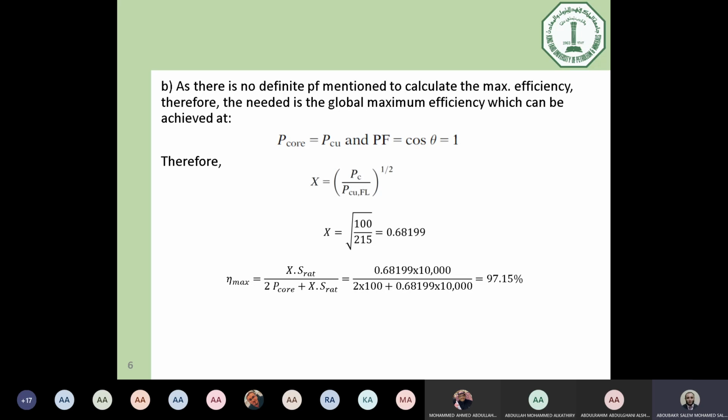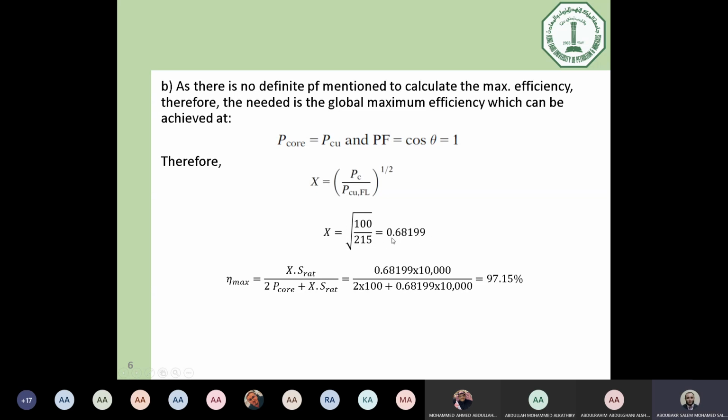In order to calculate the maximum efficiency, we can start with the value of per unit loading, which is X, coming from this relation: square root of P core over P copper at full load. We have the values of P core and P copper at full load. Simply, we can calculate the value of per unit loading, which is here 0.68.